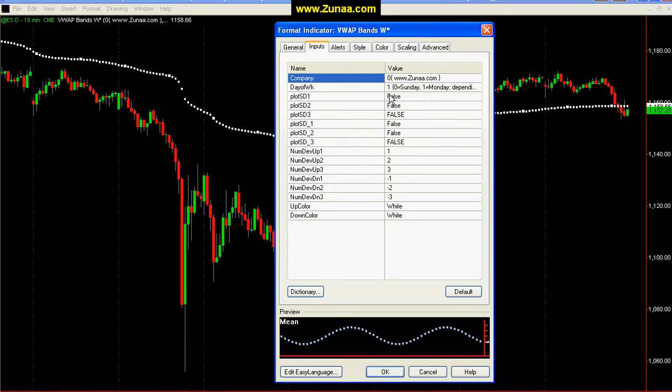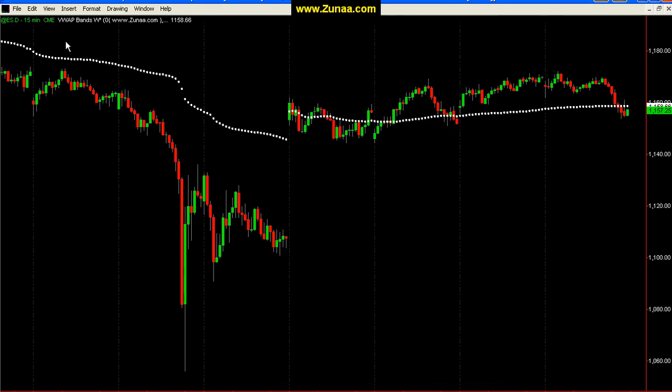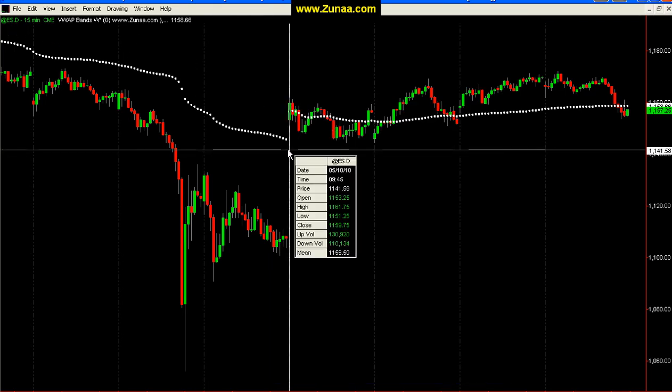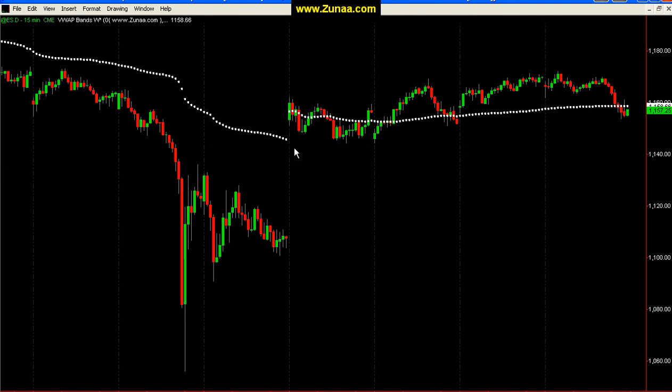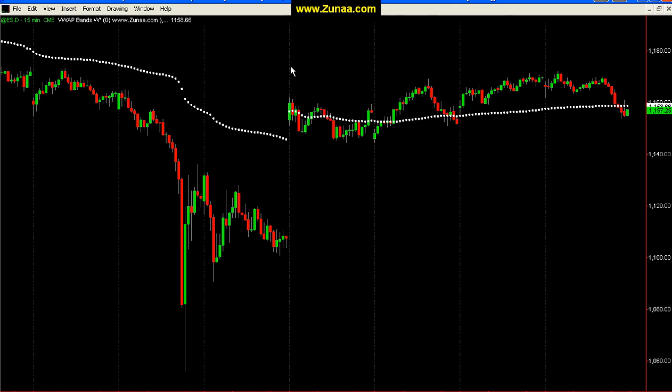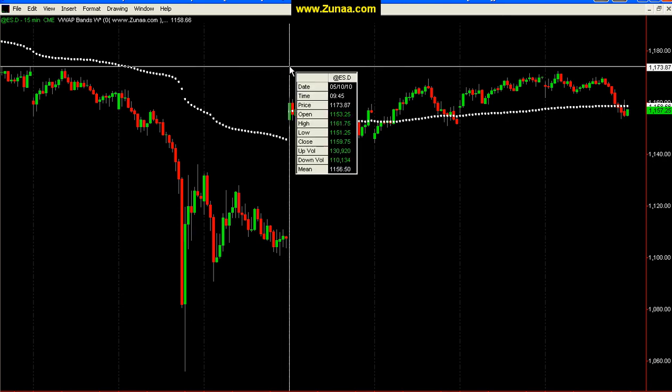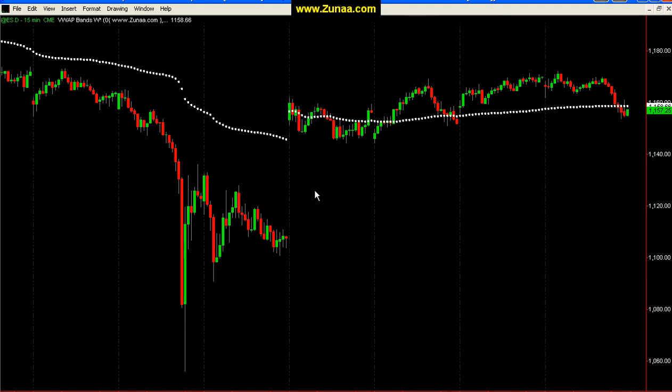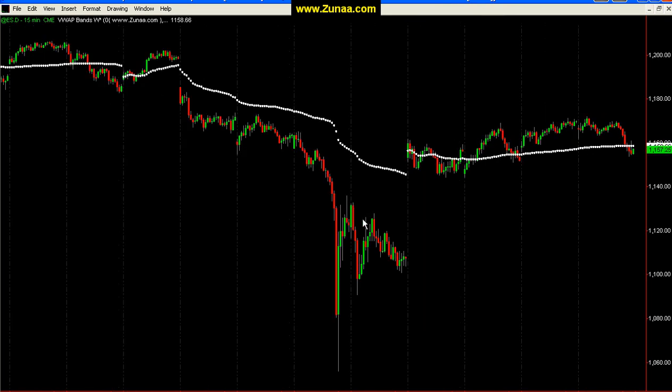We've chosen 1 here because 1 represents Monday, so that tells the code that Mondays are the beginning of the week. That's appropriate for this chart because Saturday and Sunday there's no trading going on, so the beginning of the week starts on Monday, and the rest of the code will take care of the rest.